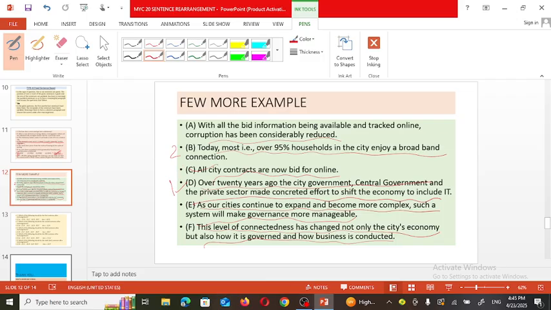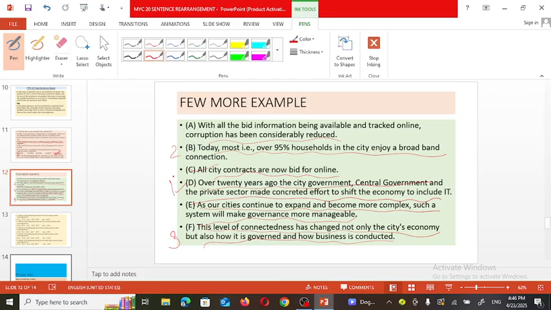B. Today most, that is over 95% households in the cities enjoy broadband connection. So they are connected with this. F will be at the third place. This level of connectedness has changed not only the city's economy but also how it is governed and how business is conducted.